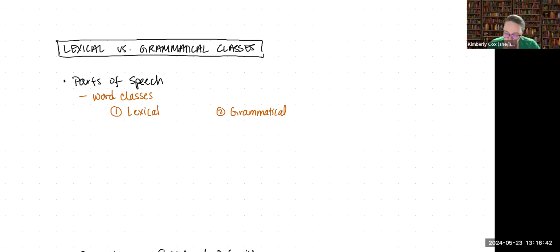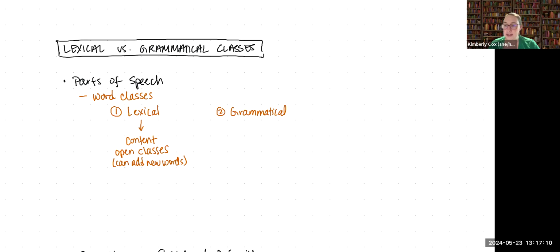When we're talking about lexical word classes, we are referring to the classes of words that form the content of the sentence. These are often open classes. What open classes mean is that you can add new words.